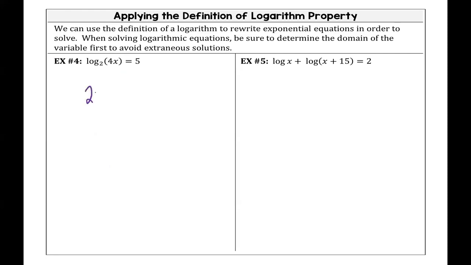There we go. 2 to the 5th equals 4x. It's your base to the result equals your argument. So 2 to the 5th equals 4 times x. 2 to the 5th is 32, right? 32 equals 4x. And then that gives us x equals 8.